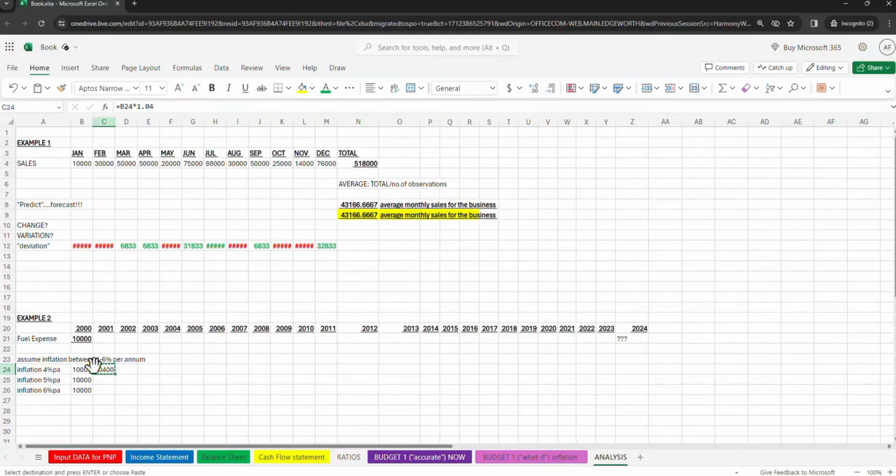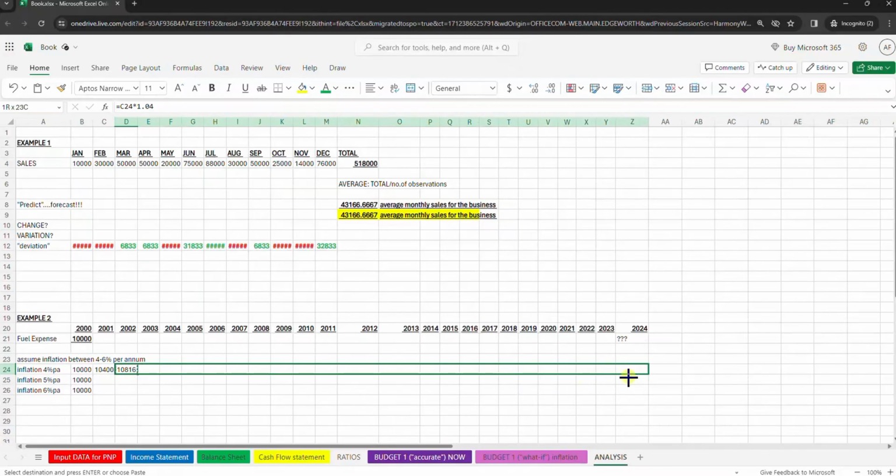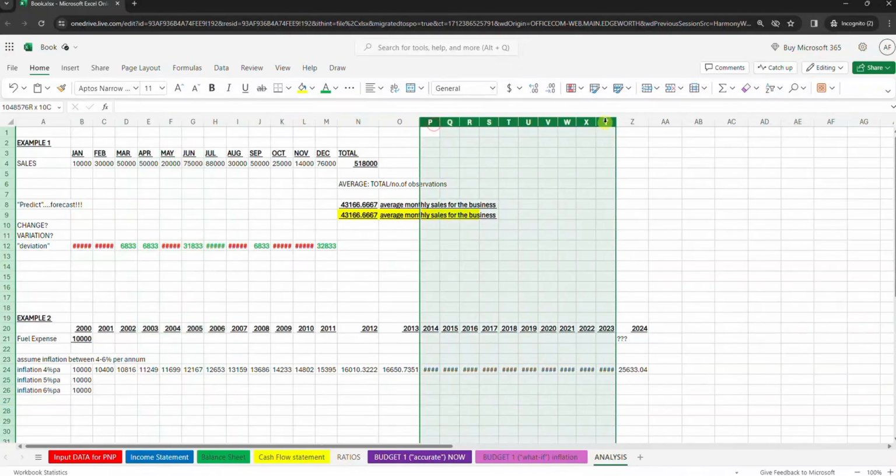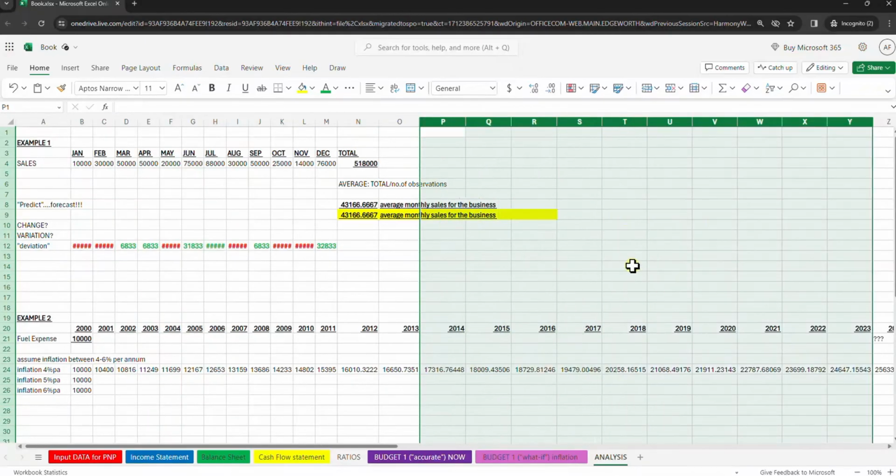And then I need to take this amount times about 1.04, and I can copy that all the way through till the end, and it's going to continue to tally up.